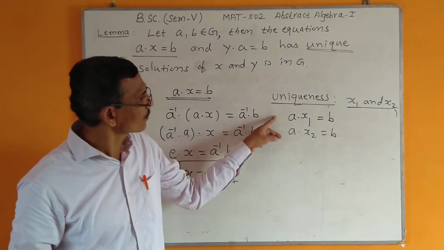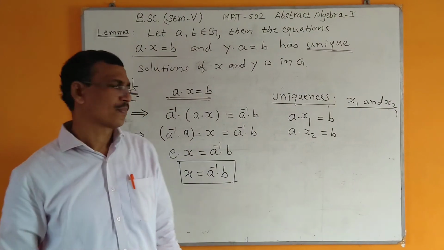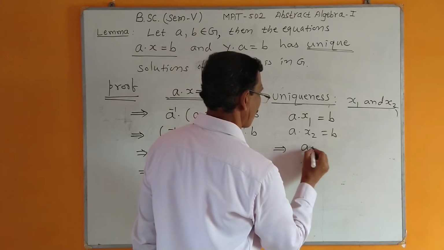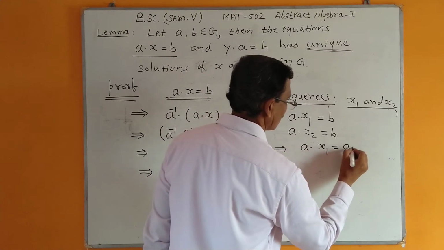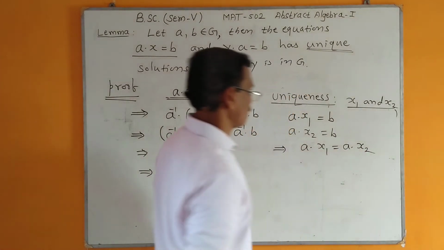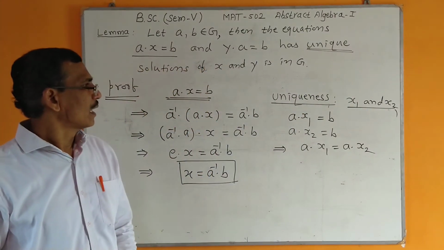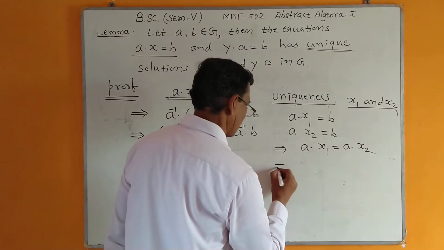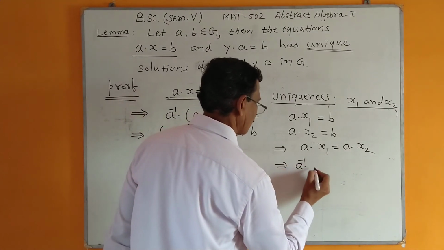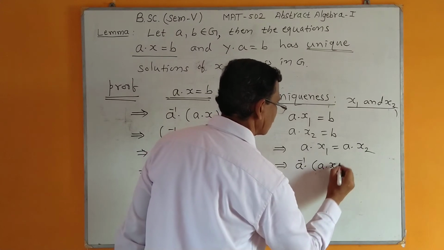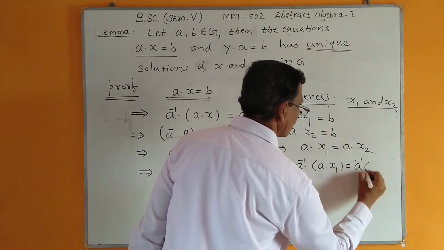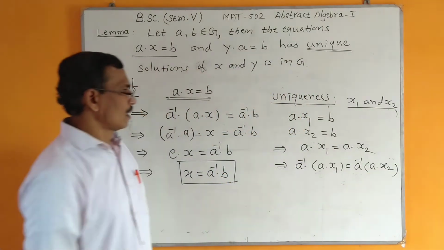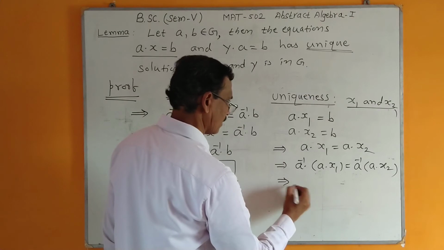Now observe these two equations. Right hand sides are the same, and therefore these two equations together imply A dot x1 is equal to A dot x2. Again, A belongs to G implies A inverse belongs to G, and multiplying on the left by A inverse, A inverse dot A dot x1 is equal to A inverse dot A dot x2. Now apply the associative property, change the bracket.